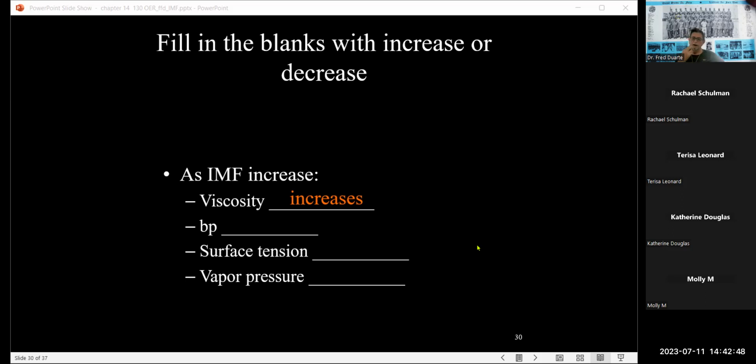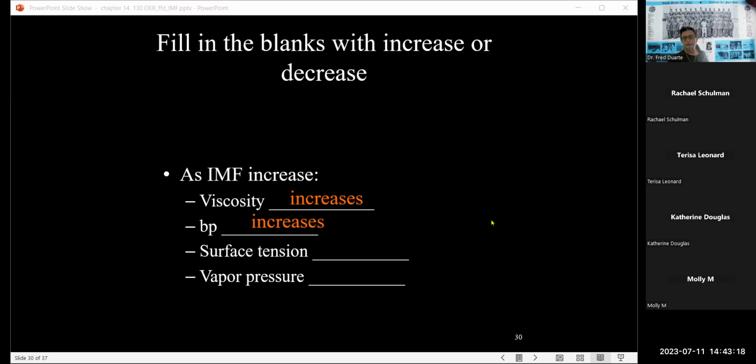Which you can infer even backwards. You can see that honey is a lot more viscous than water. What that suggests is the intermolecular forces for honey are much stronger than the forces in the water. And that's why honey is a lot more viscous.